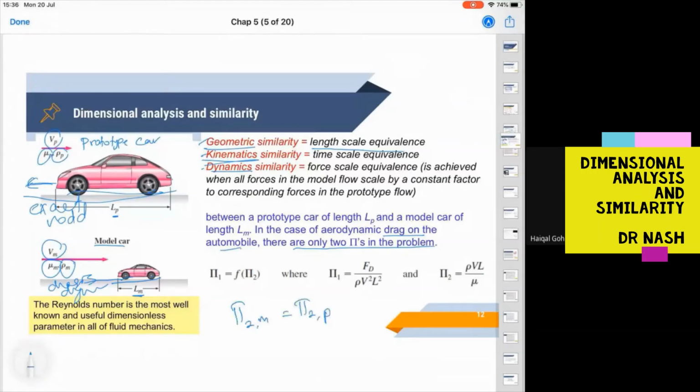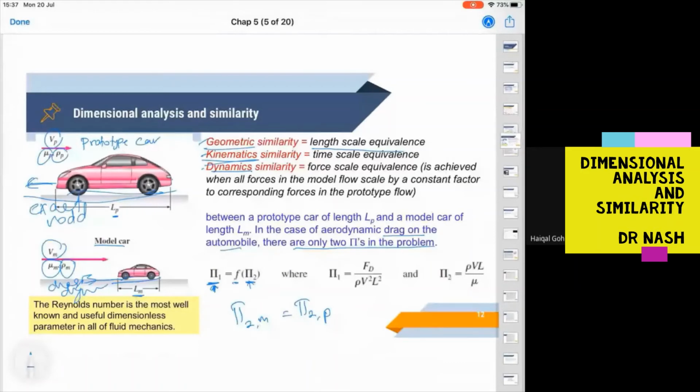But if you want the output of the analysis, we can have pi1. Output means the dependent. It depends on what parameters or quantities we include in the experiment. So pi1 equals a function of pi2. Whatever value in pi2 will definitely change pi1.